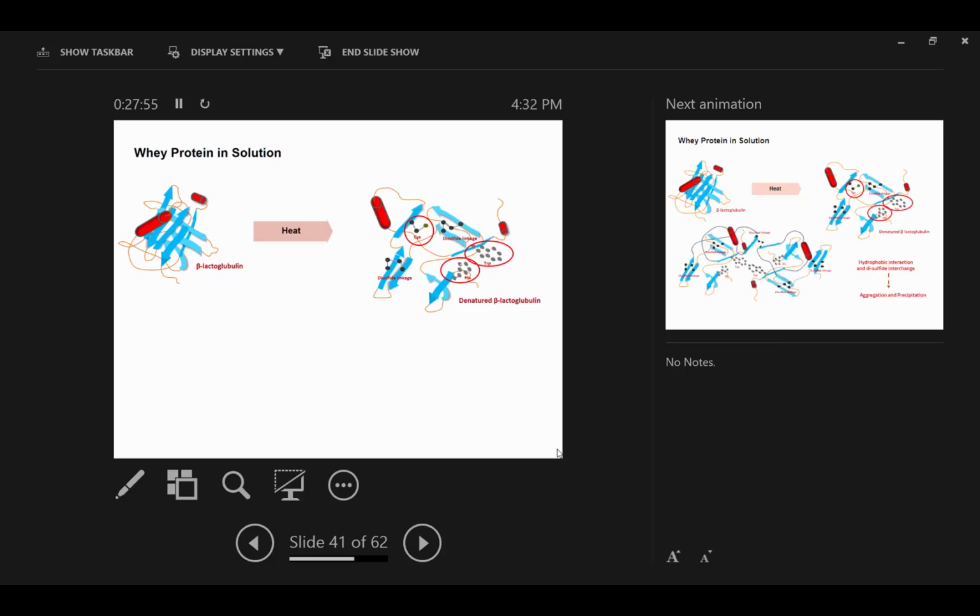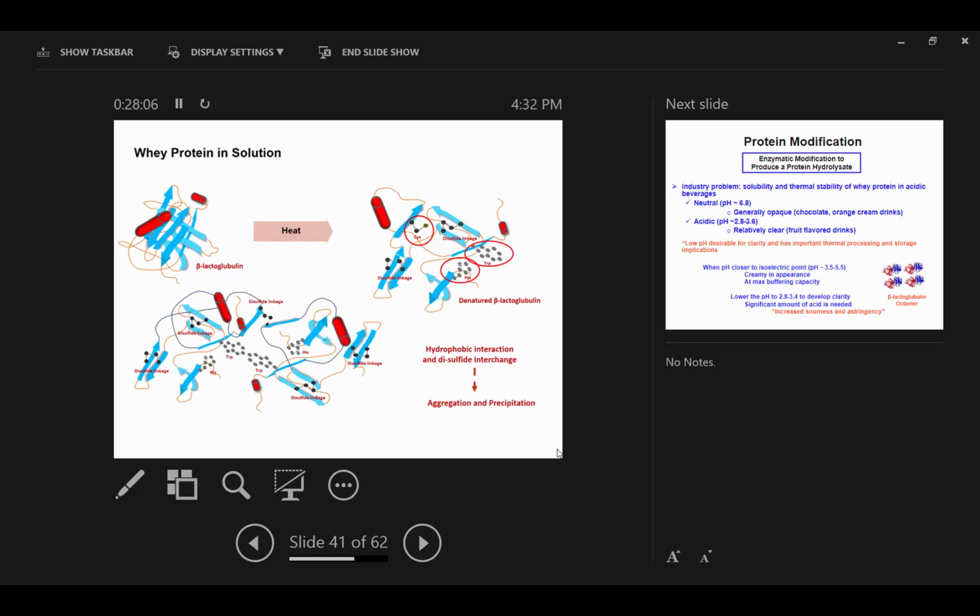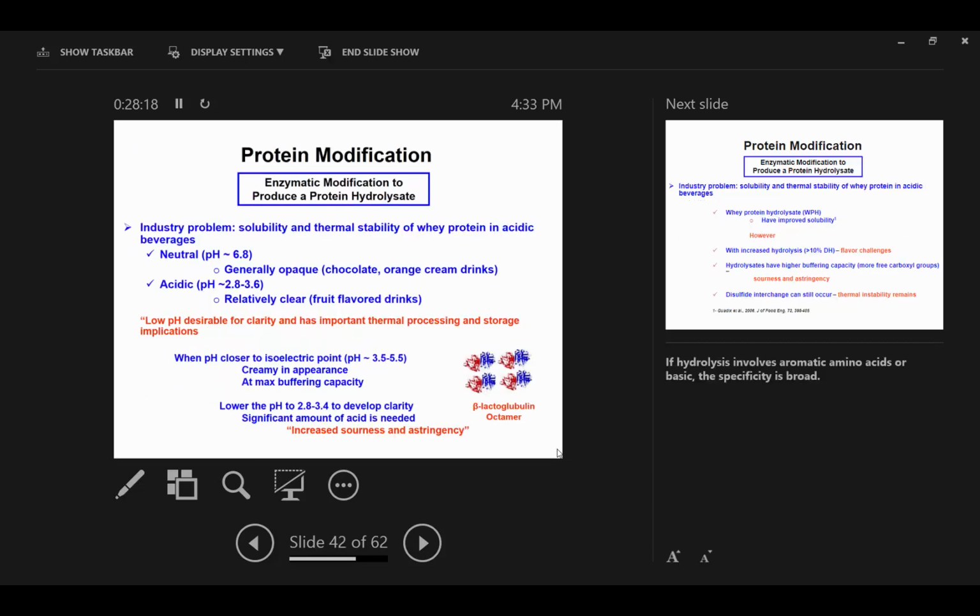So once you heat, it's going to open up, denature, and then expose your hydrophobic groups and a sulfhydryl group. And then over storage or more heating, what's going to happen is hydrophobic interactions and disulfide linkages, aggregation and precipitation. So that's what happens over shelf life.